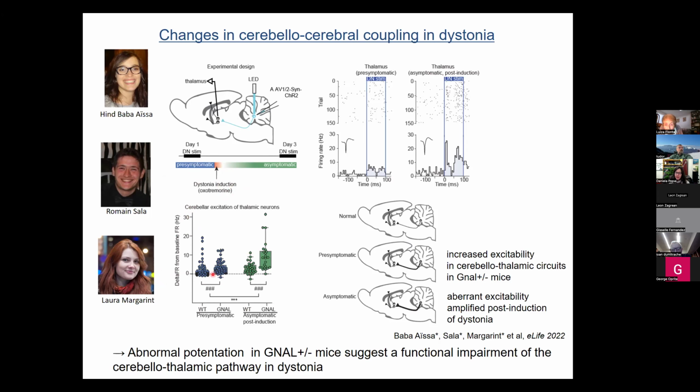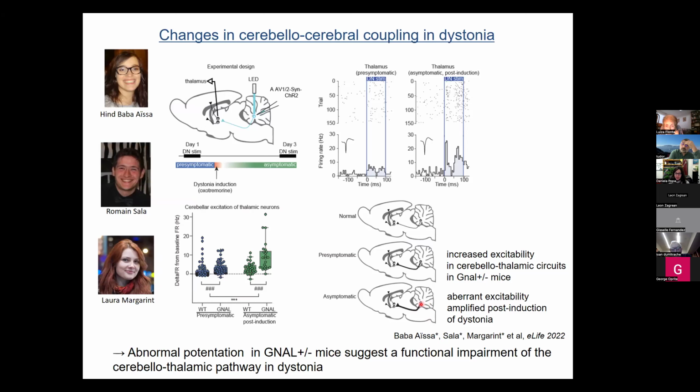So here, in the cerebellothalamic circuits in the mutant mice, I illustrated to say that this connection is even more increased. And then in the asymptomatic state, post-induction of dystonia, we see that this aberrant excitability is even worse, it's amplified.